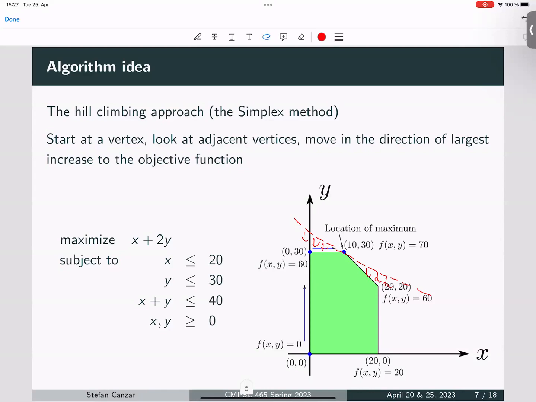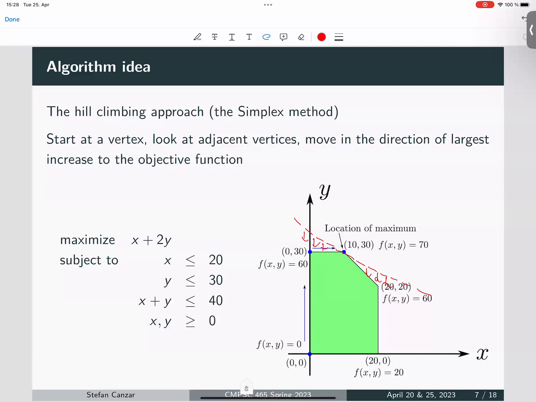And if all the neighbors are below this line, because of the structure of this feasible region, it is convex. Visually, I think you can see this just intuitively, that the whole region has to be on that side of the line. So it can't be that the local neighborhood is below the line and the rest of this feasible region, because it's an intersection of half spaces, is on the other side of the line. Meaning that if your local neighborhood is worse, the whole thing is worse.